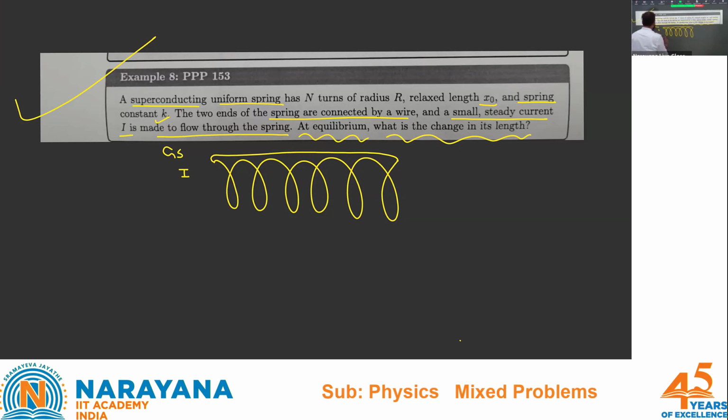So in a general state, if this length becomes x, number of turns are n, the total number of turns, and radius is capital R, so this is 2 capital R. All the changes that we want to study are small. So I will neglect the change in the radius.